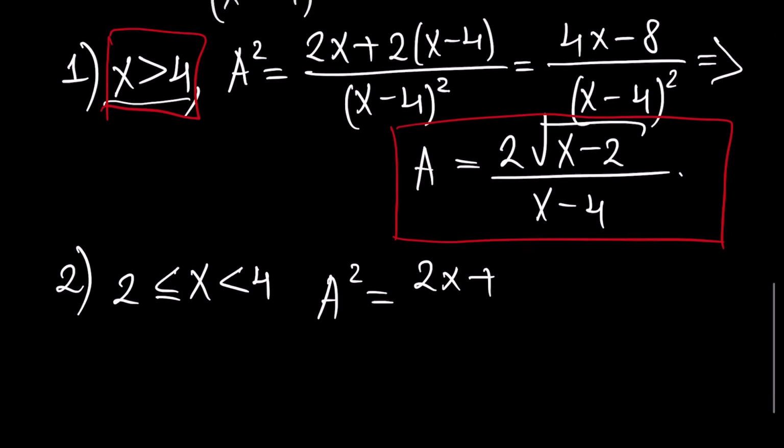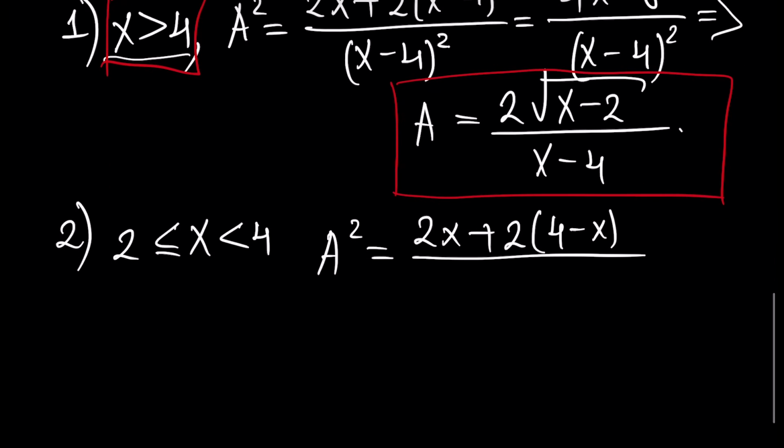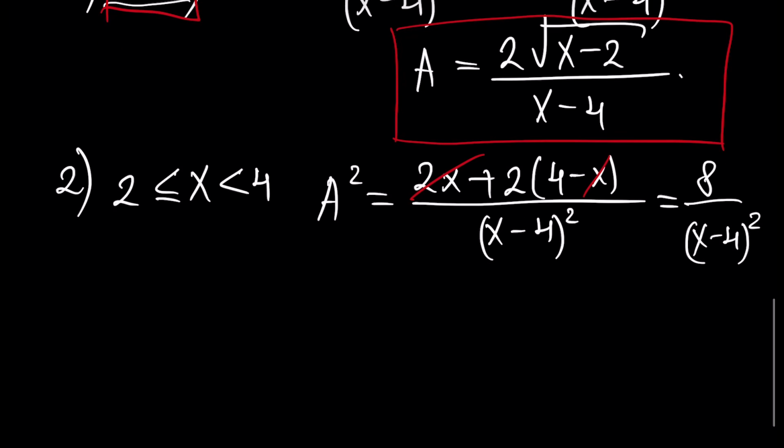So when we rewrite it, it will be 2 times minus x plus 4, or 4 minus x, divided by x minus 4 squared, which is equal to 8, because we have a cancellation, divided by x minus 4 squared.